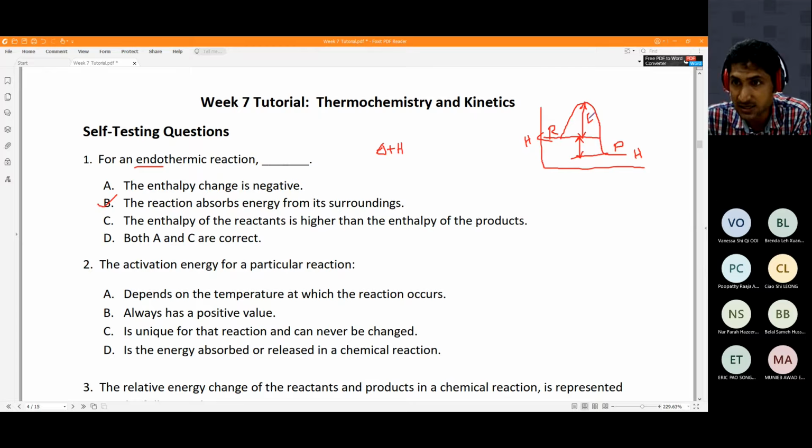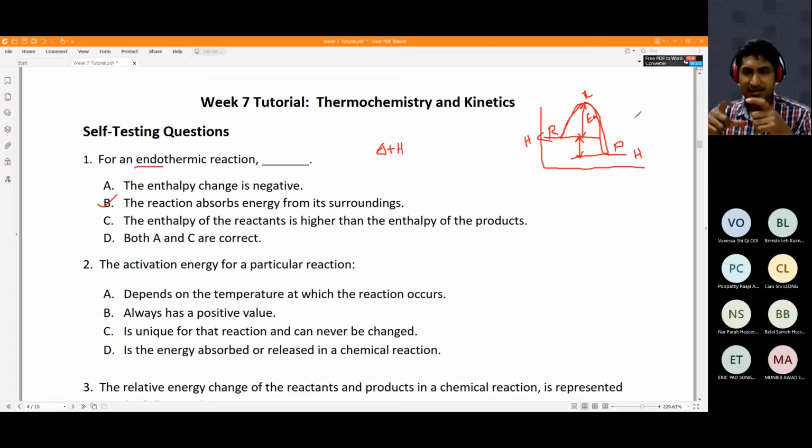Let's say A and B are reacting together. This is the energy diagram for that reaction, and the activation energy is until this point X. It has to go up to X, and only then will it move towards forming product.